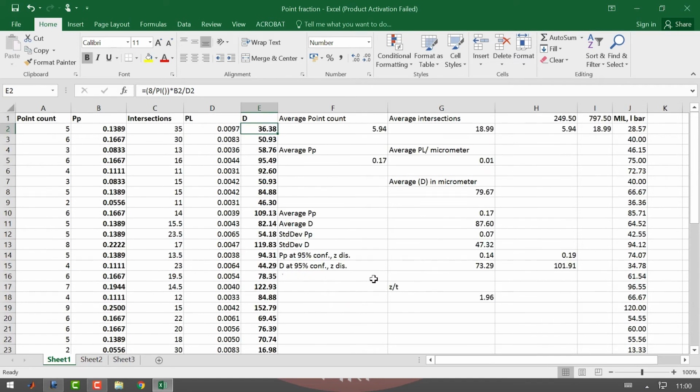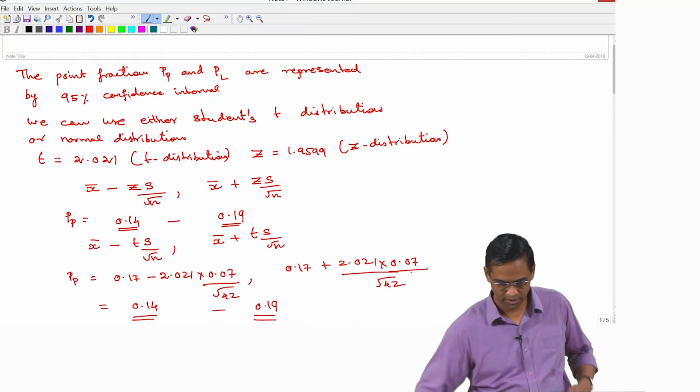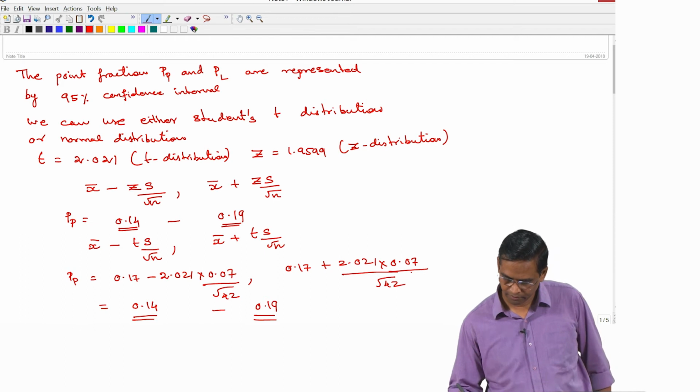So, now we can perform a similar exercise. We have already computed this average D and standard deviation and so on. So, this data is here. Let us complete this confidence interval exercise for D as well.